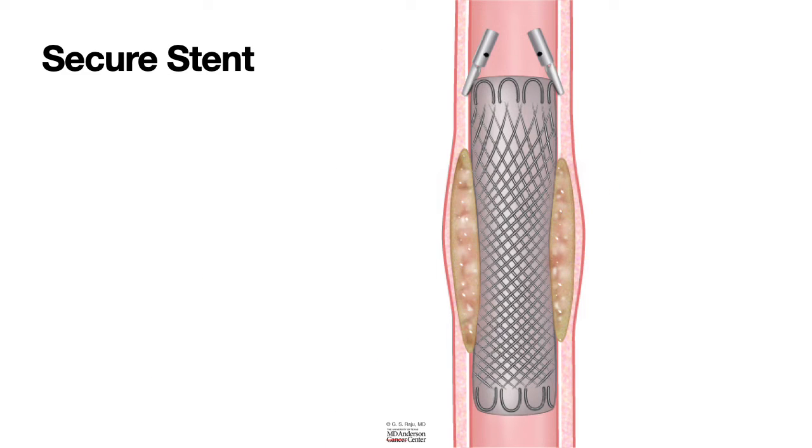Before the current design of clips that are available specifically to secure stents, we used through the scope clips to secure stents. But nowadays, a lot of people are trying to use over the scope clips or an over the scope suturing device to secure stents.